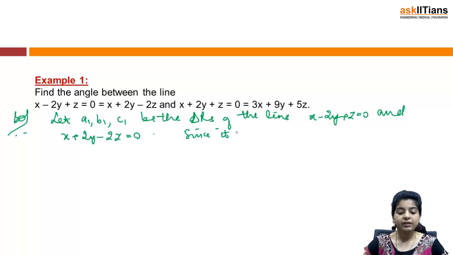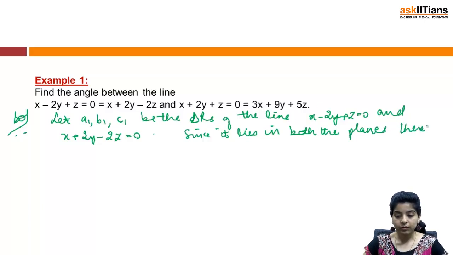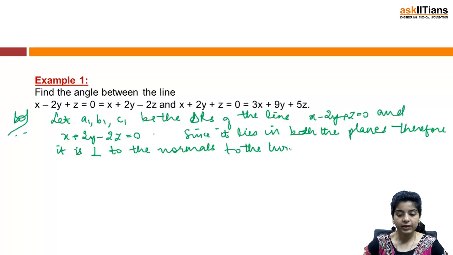Since it lies in both the planes, we are moving on the same line that we have just now discussed. So since it lies in both the planes, it is perpendicular to the normals to the two planes, right? Since it lies in both the planes, it is perpendicular to the normals to the two planes.